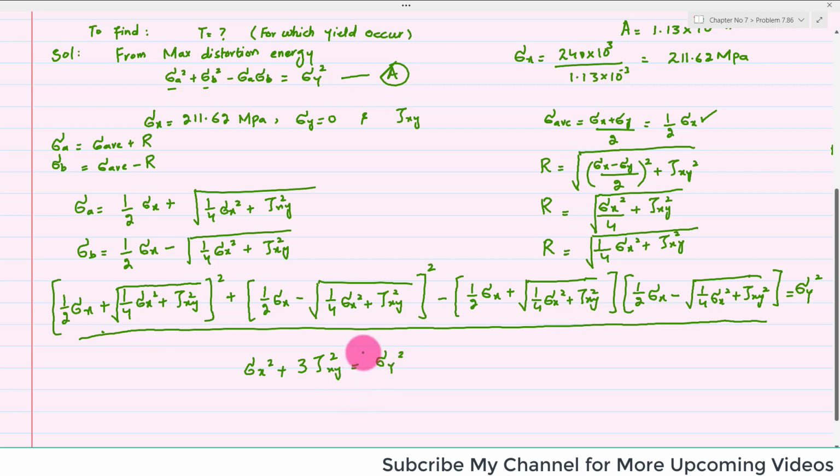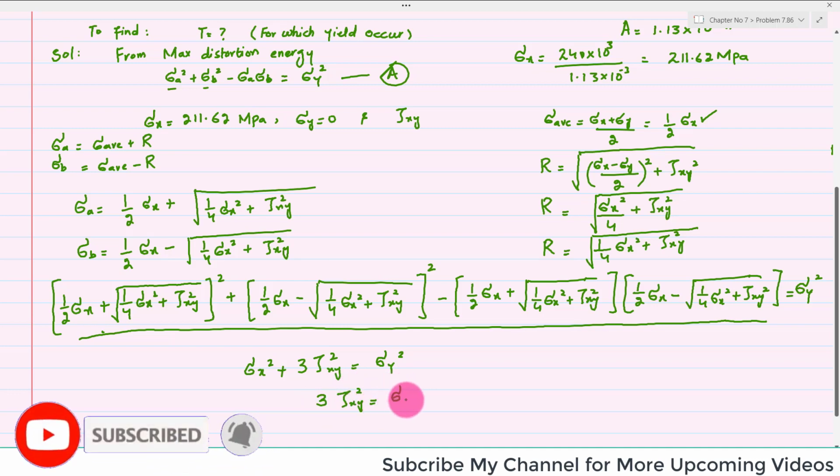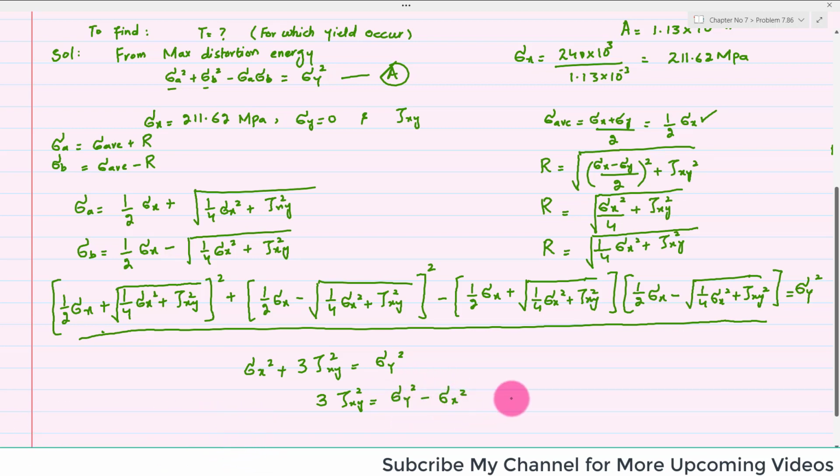Clear? Now you can see that we are interested in finding this. So 3 tau of xy whole square is equal to sigma yield square minus sigma x square, and so we will get tau of xy equal to sigma yield square minus sigma x square divided by 3, under the root.